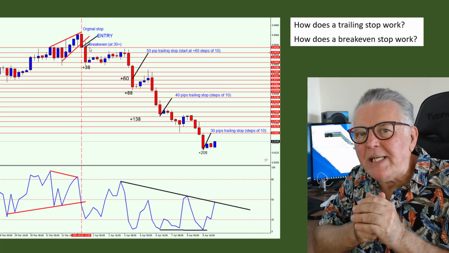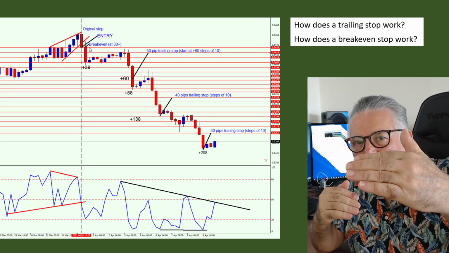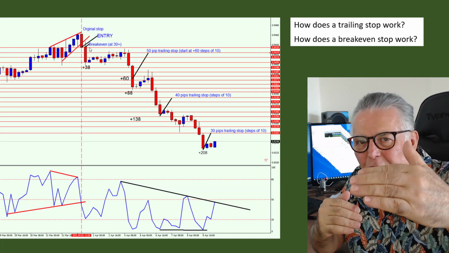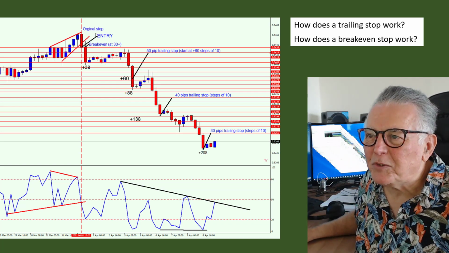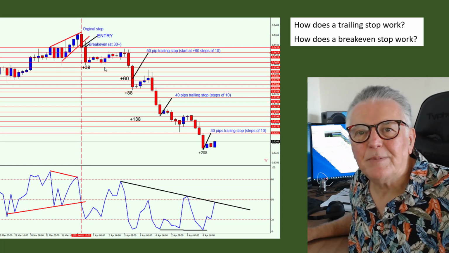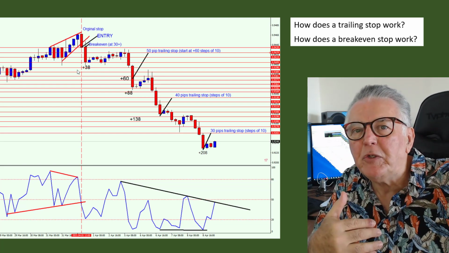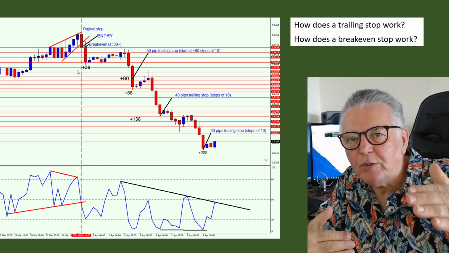What that means is that if the price starts going positive, it pulls the original stop, or the trailing stop, down, so my stop will start coming down from there all the time as the price goes positive. So that's one way of reducing your original risk as the price goes positive and positive.